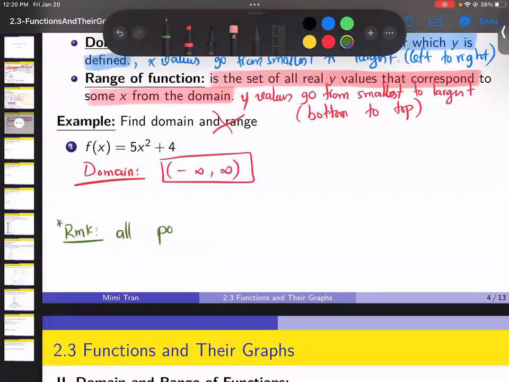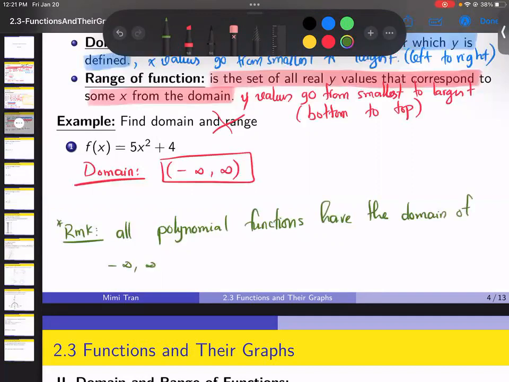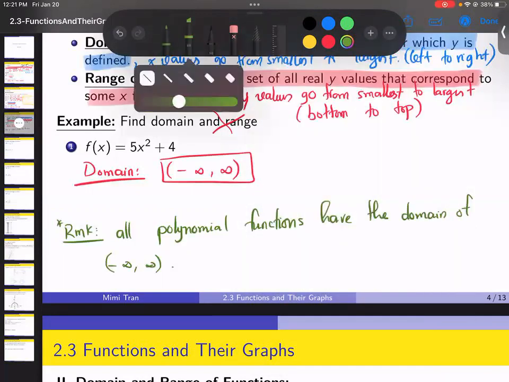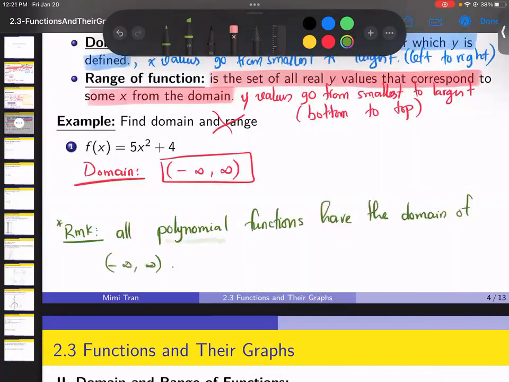All polynomial functions, we can call it R. And let me remind you what is a polynomial function. Let me remind you, a polynomial function looks like this.